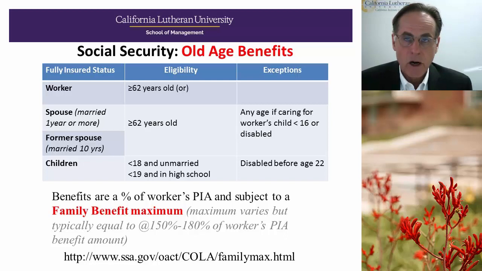Benefits are a percentage, the family benefits are a percentage of the worker's PIA and are subject to that family benefit maximum. Again, as you discussed in a prior video, that equals about 150 to 180% of the worker's PIA. So the worker would get 100% of his or her PIA. The family would be eligible for somewhere in that 150% range.